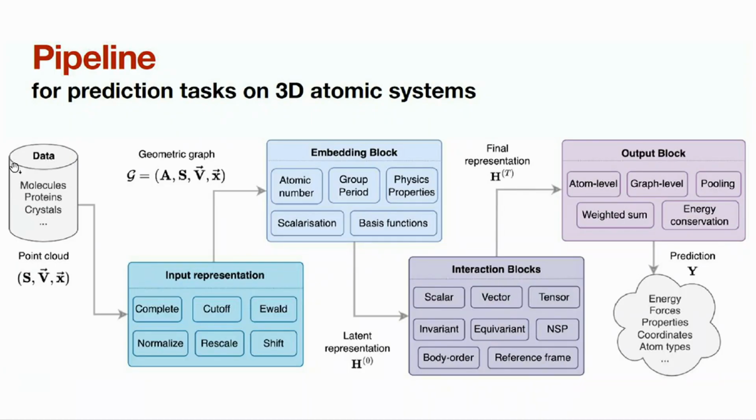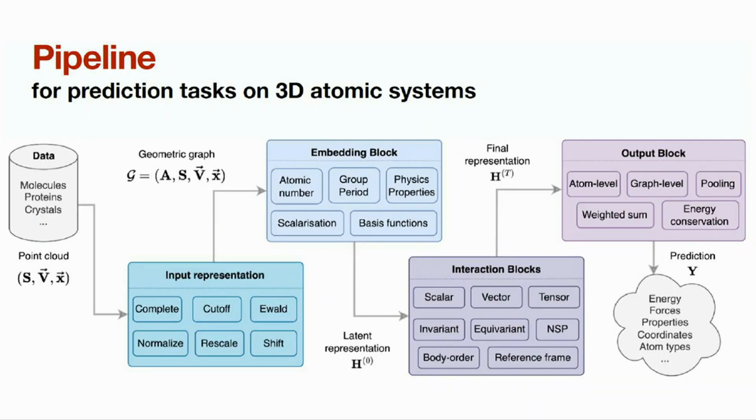So after we have this raw data of point clouds, maybe some chemical bonds, we then try to turn this representation into a geometric graph. The difference here is we have this A matrix, which is the adjacency matrix, which preserves the proximity of the nodes based on their geometry data. This is slightly different from the graph learning that we dealt with previously, where the relationship or adjacency matrix is already defined by the data providers.